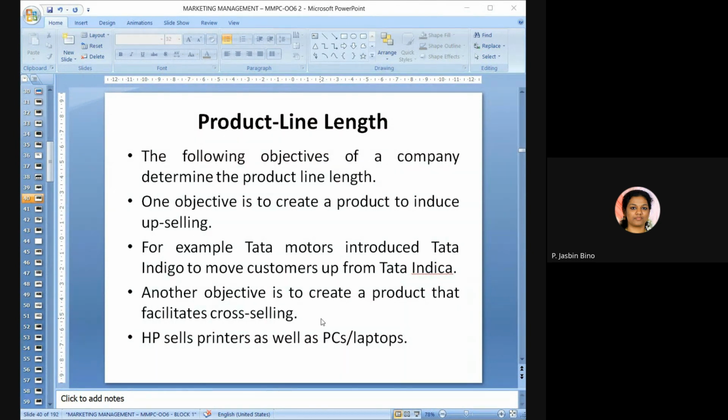Another objective is to create a product that facilitates cross selling. The first one is upselling, the second one is cross selling. That is, HP sells printers as well as PCs, laptops, etc. This is cross selling, selling a different variety of products. Here, upselling means moving up from Tata Indigo to Tata Indiga. That is what upselling is.